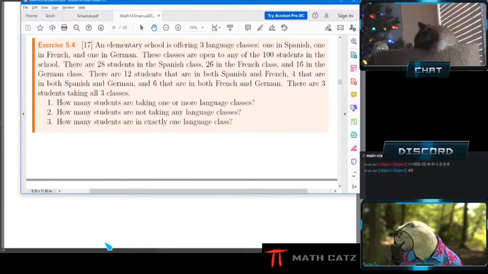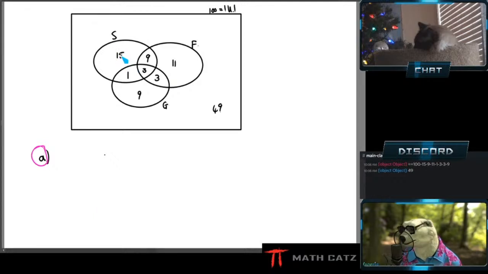So not the 15, because those are the people that are only taking Spanish. Yes, the 49 is the complement of the union of all of this, but visualizing it is much easier than writing it in terms of the sets. There's no need for that puzzle solving aspect. 1 or more will be these guys.